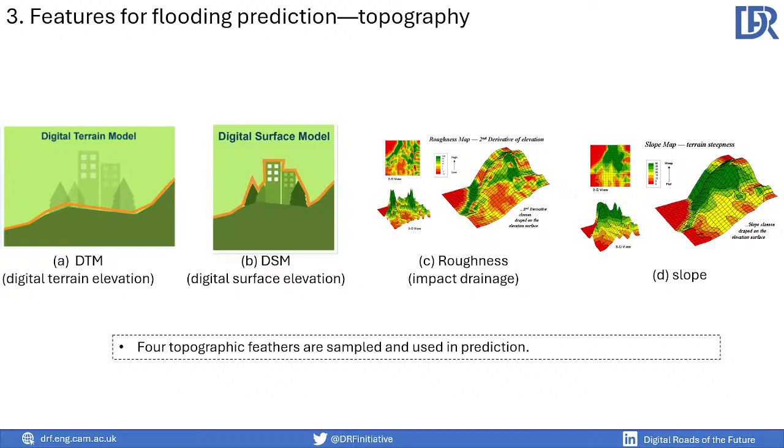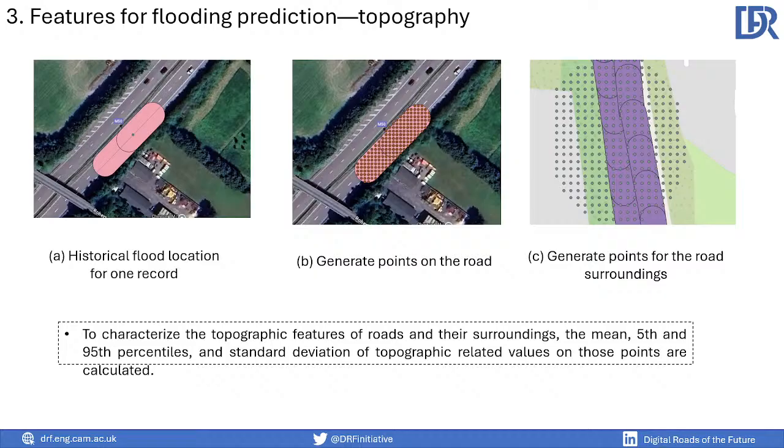And we can also know whether the road is above or below the ground level. So this is the process of how we get the topographic features.